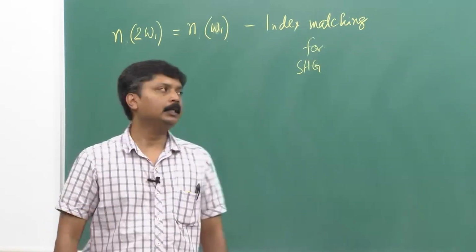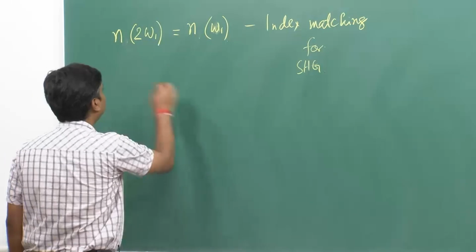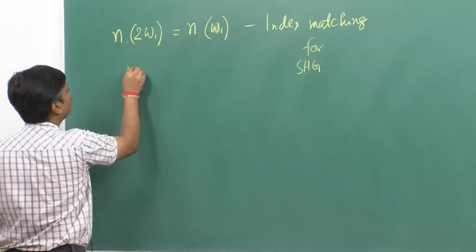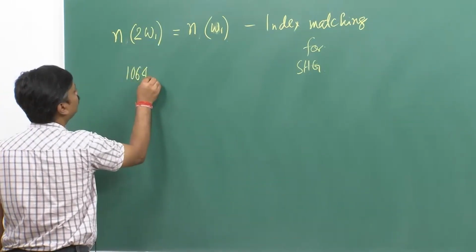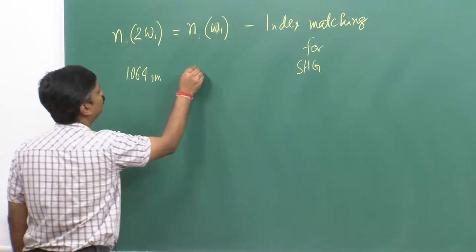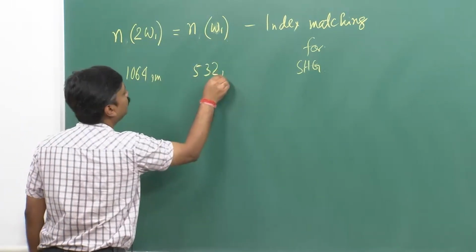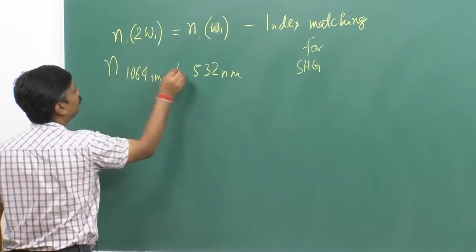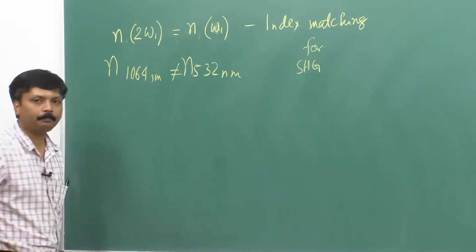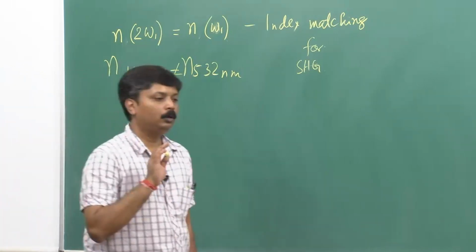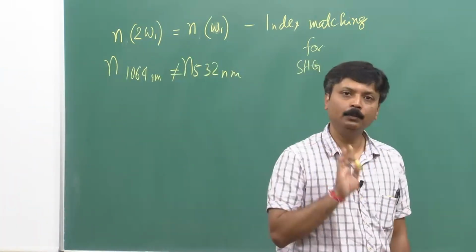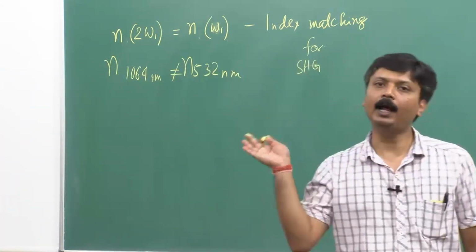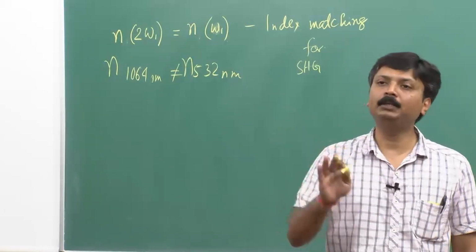So, in that case the refractive index of 1064 nanometer and that of 532 nanometer are not going to be the same. If you want to have SHG, you need to have this constraint fulfilled and you know that this is difficult. So, there must be some way out.